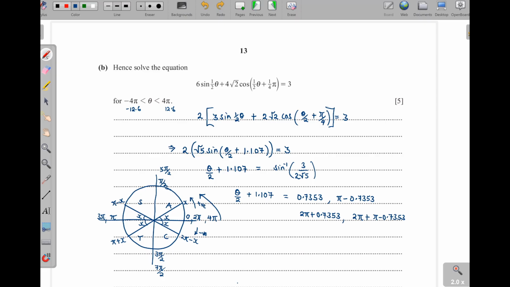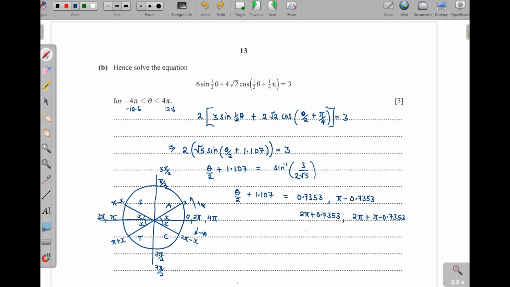Then what else do we have? Let us also consider moving like this, maybe up to here. There is of course where sine is positive, so we shall also consider this movement here.